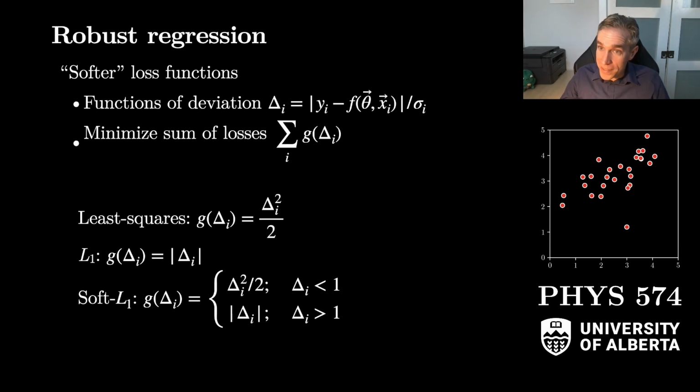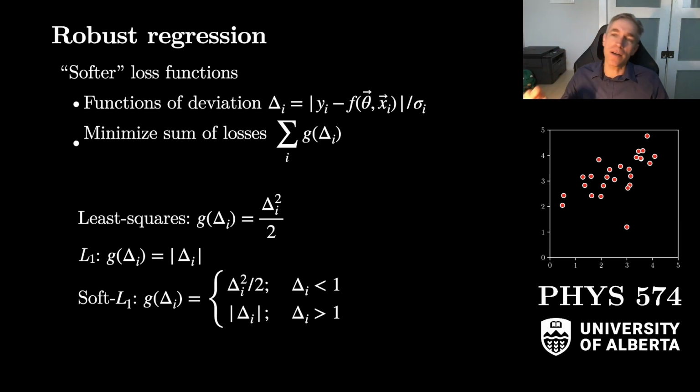A compromise, therefore, is to use what's called the soft L1 metric, which is essentially chi-squared out to 1 in the deviation, and then the L1 metric for everything beyond 1. So it's sort of a parabola at the bottom and then an absolute value function outside of that unit interval.